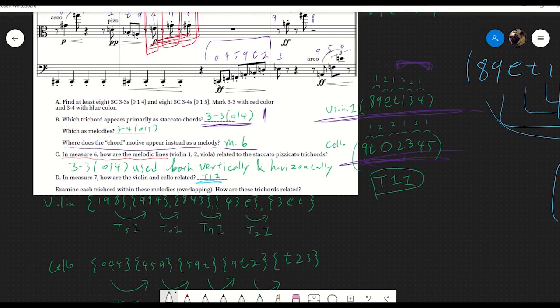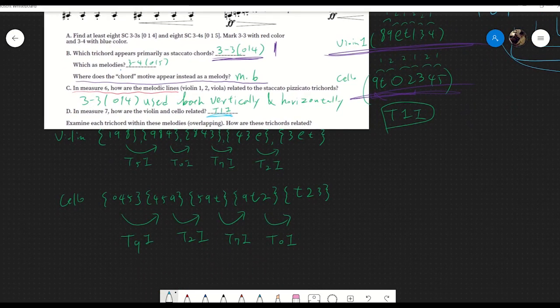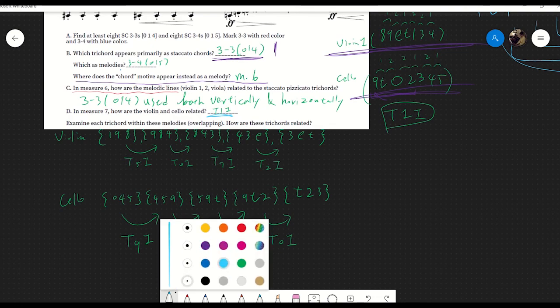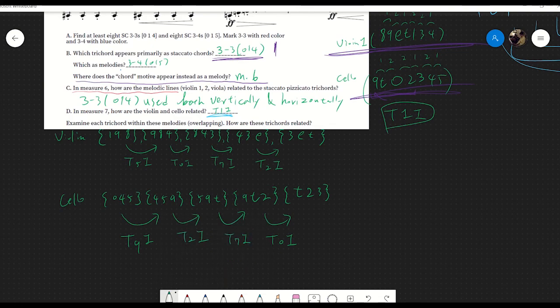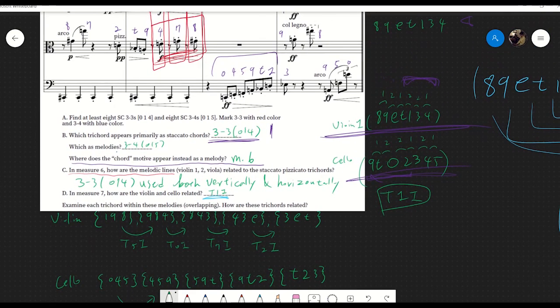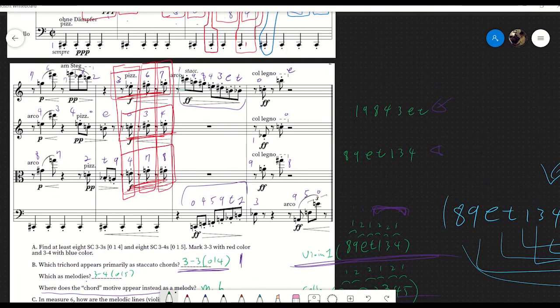And then the last question, again, not everybody gave the proper answer. The answer is that you need to figure out the staggered trichordal ordering. What I mean by that is this: these three notes, these three notes, these three notes, these three notes, and these three notes.